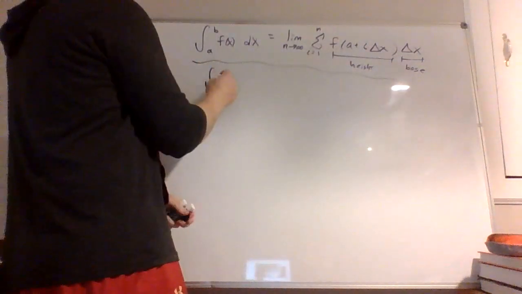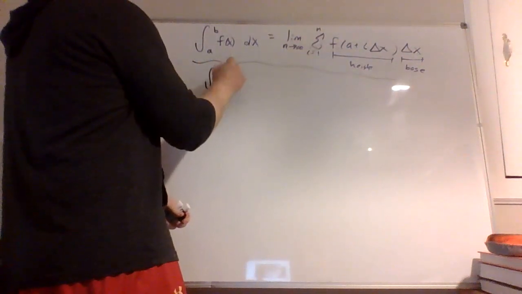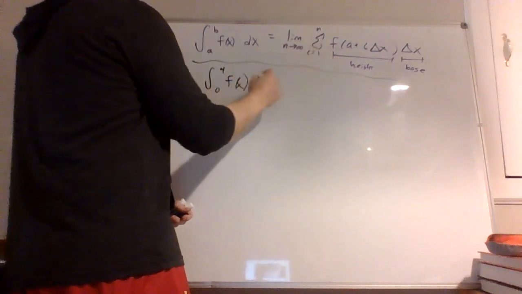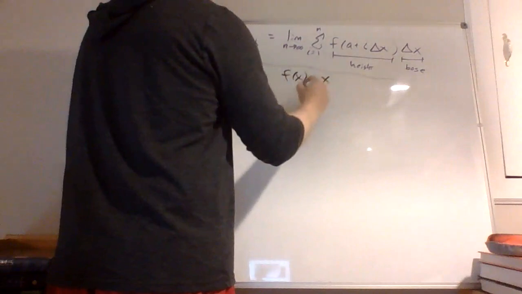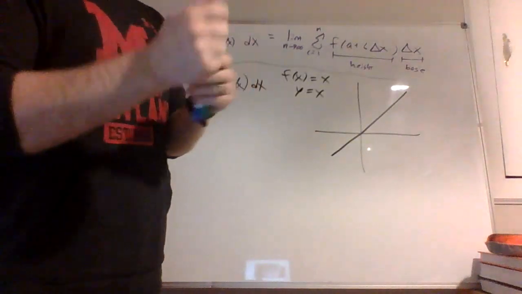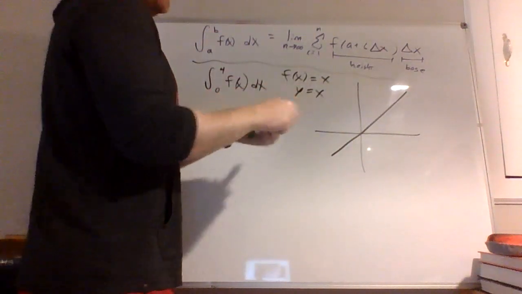So our goal is to find the area from 0 to 4 of f of x dx, and f of x was just the equation x, aka y equals x, aka this line. So what we're looking to do is find the area from 0 to 4 of this line.